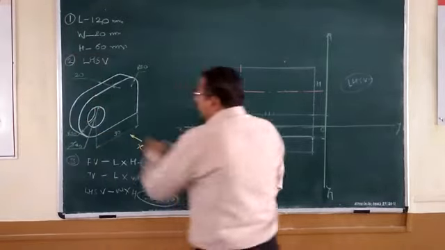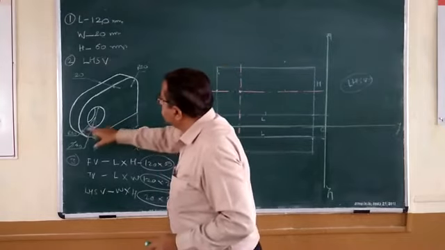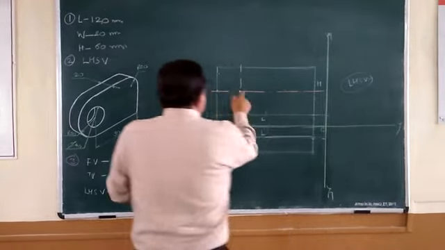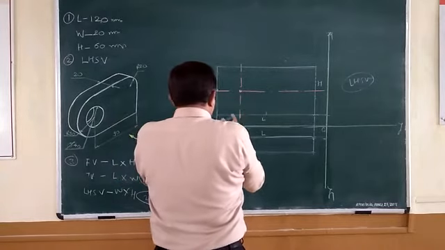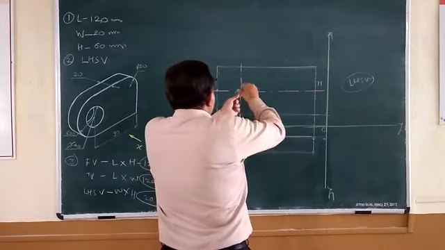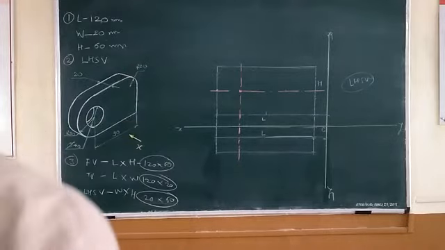So this semicircular part I will first of all finish. It is carrying a radius of 30. I am marking at 30. So that semicircle, here it is semi-elliptical, will be converted to semicircular.